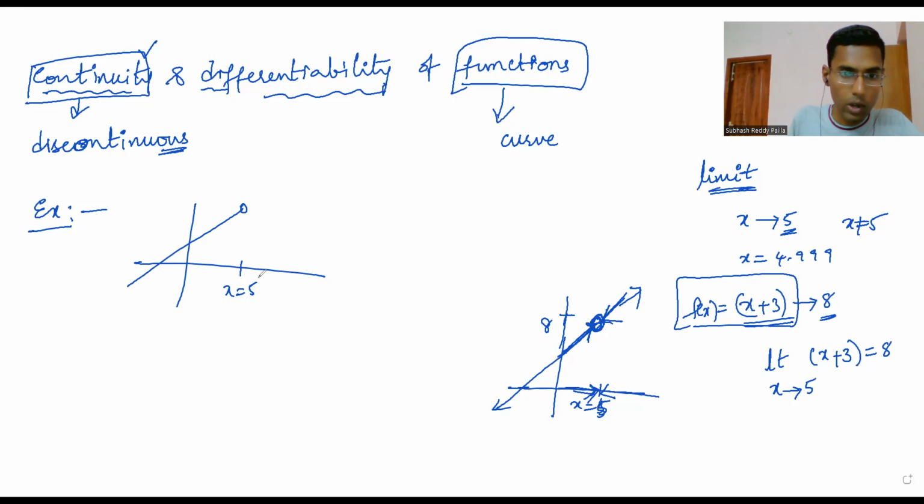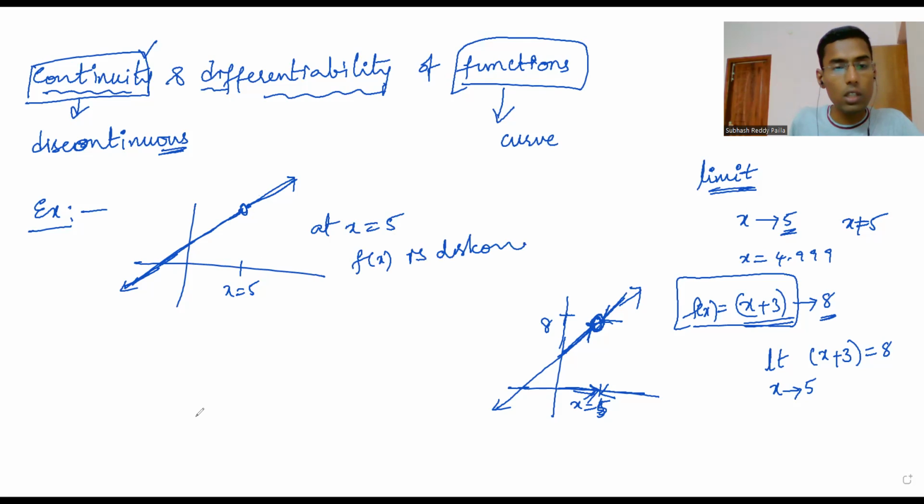When x equal to 5, here is one gap, and then the curve started like this. That means when we write, we have to lift up. Here you have to lift your pen, and then begin again from here. Till here you came, and here a gap came. So that means at x equal to 5, f of x is discontinuous.